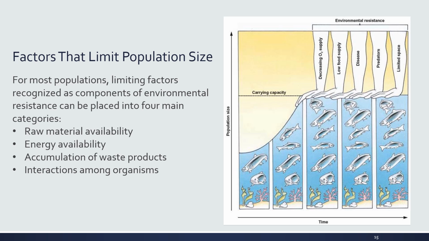For example, if we add disease to a population of fish, it will push down that carrying capacity to the point where creatures have a lower survivable population. Or if we decrease the amount of food to an organism, there's going to be a lower population living until something brings back the normal environmental resistance factors.